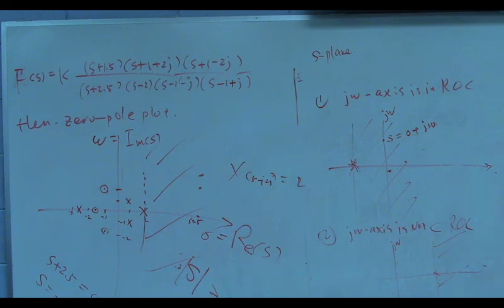Later we will use more examples to show this. For the same Laplace transform, for example, 1 over s plus a, the region can be greater than negative a, that's possible, and it can also be less than negative a. So this one and this one represent different signals. One is to the right, another one is to the left.